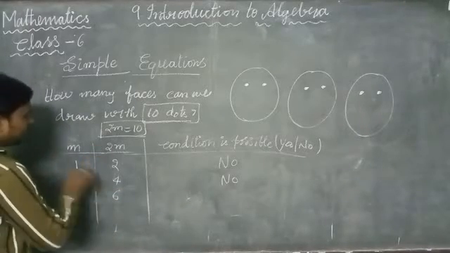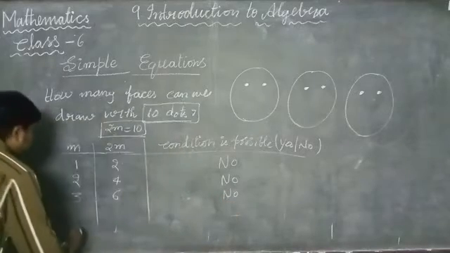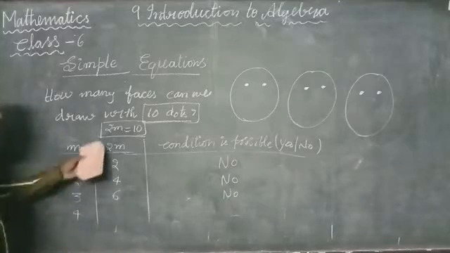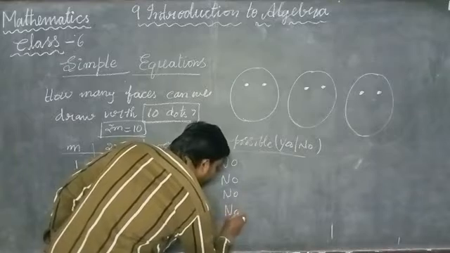It means 2 into 3 is 6. It is also not possible. Suppose the value of m is 4, then 2 into 4 equals 8. It is also not possible.